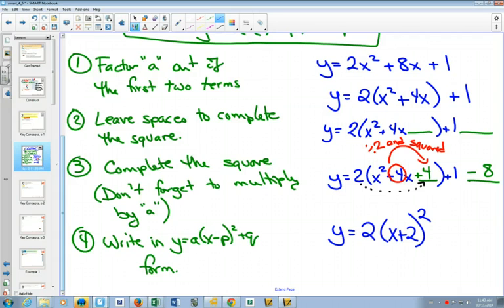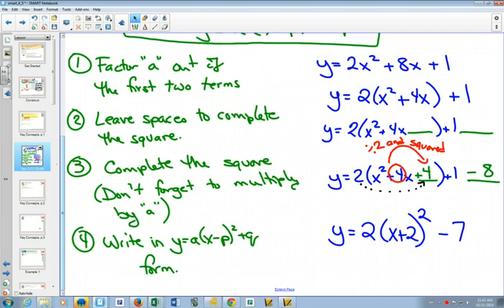And then we go plus 1 minus 8 leaves us with minus 7. And now we know the vertex, (minus 2, minus 7). Now we could graph it. We could easily find everything: the axis of symmetry, the domain, the range. Everything can be found because we've changed it into the standard form.